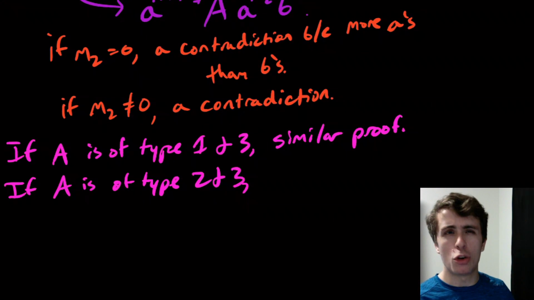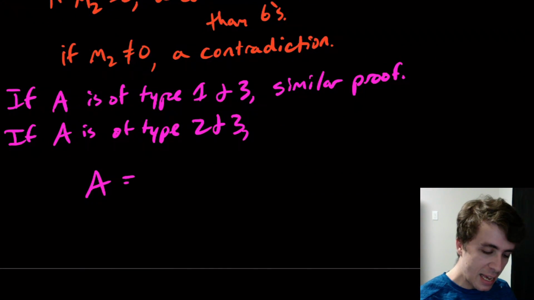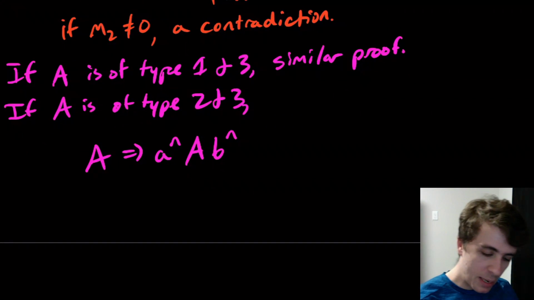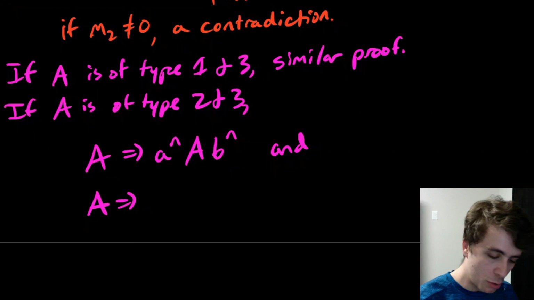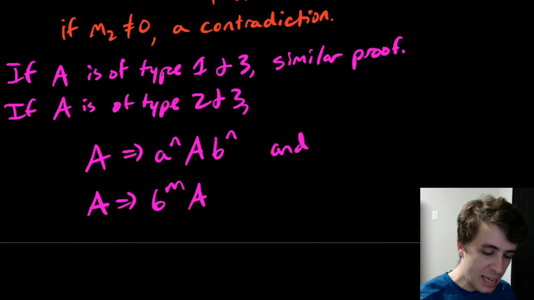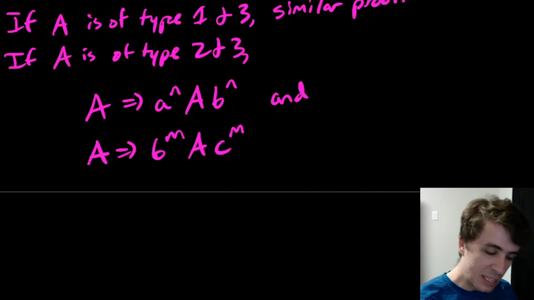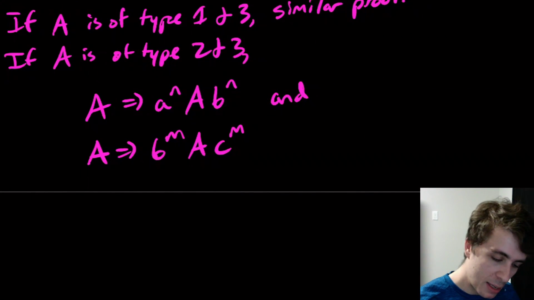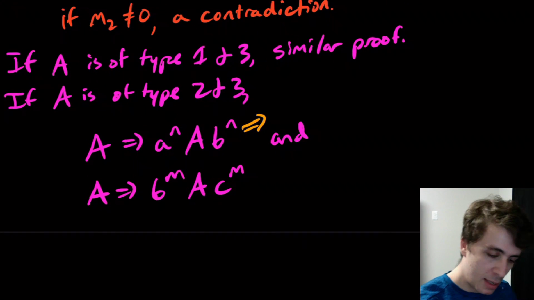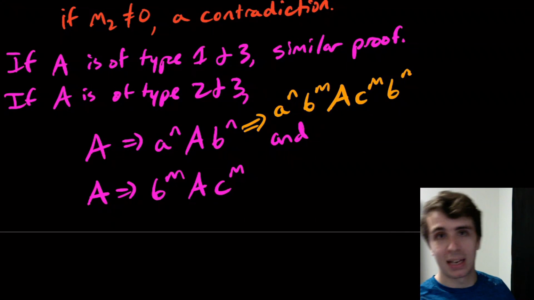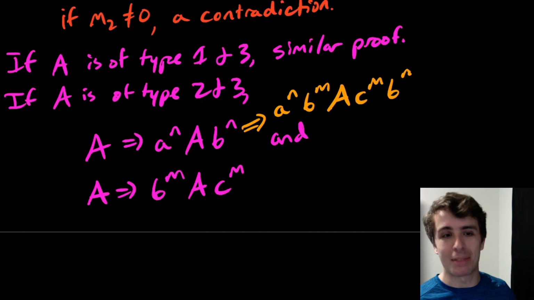What we notice is that a can generate a to the n, a, b to the n, but it can also generate a goes to b to the m, a, c to the m, because this is of type 3. If we apply these twice, first this one and then this set of rules to the variable a, we get a to the n, b to the m, a, c to the m, b to the n. But notice that we have c's occurring before b's. And therefore, it can't be type 2 and type 3 simultaneously.